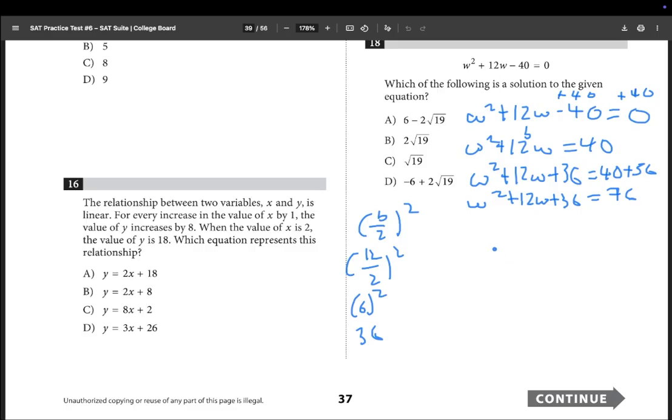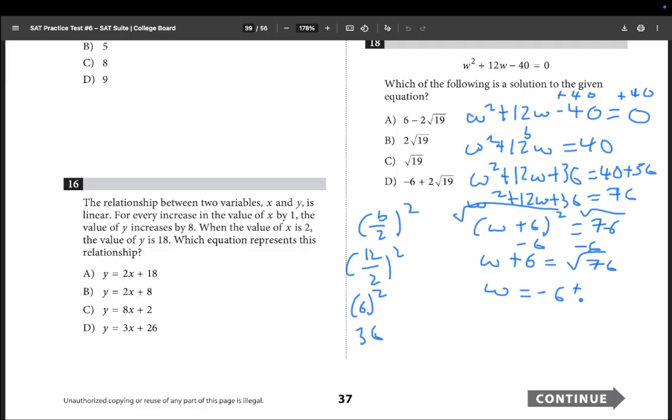So now we're going to factor the left side of this equation. We get w plus 6 squared equals 76. And now we're going to square root both sides as we want w by itself. So w plus 6 is equal to the square root of 76. Subtract 6 on both sides. So w is equal to negative 6 plus or minus the square root of 76.